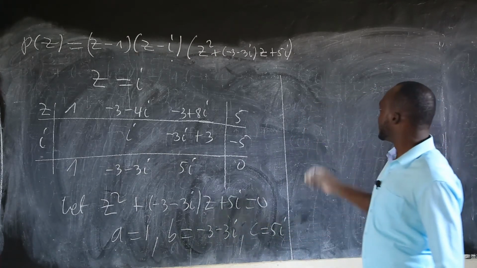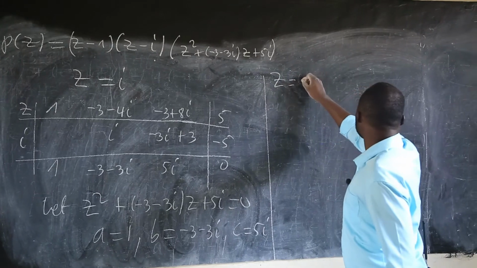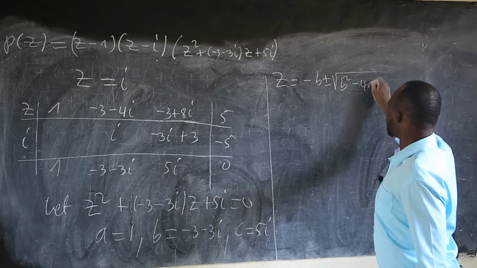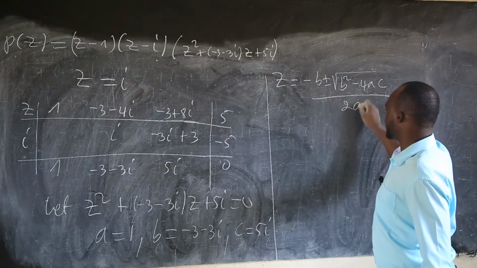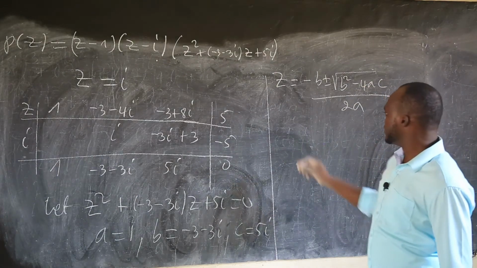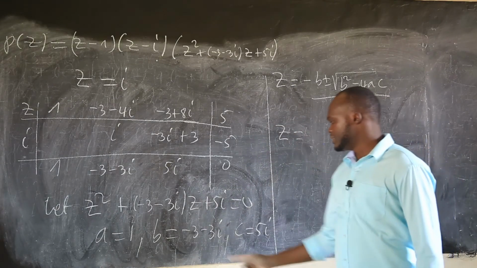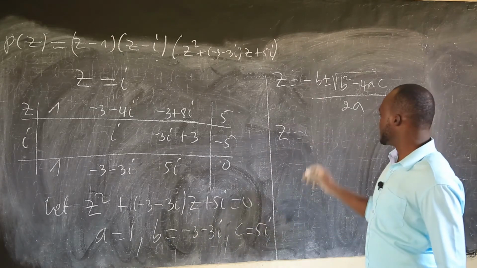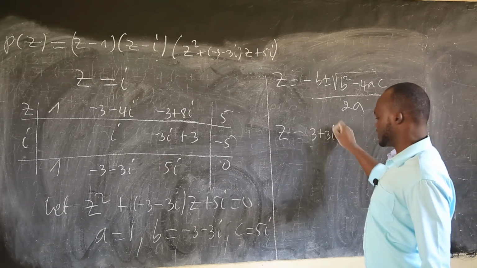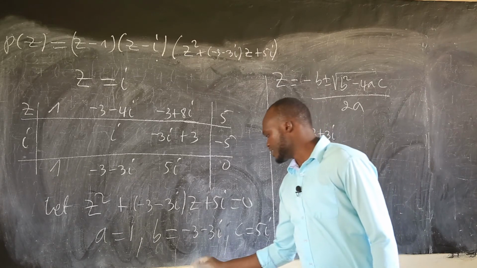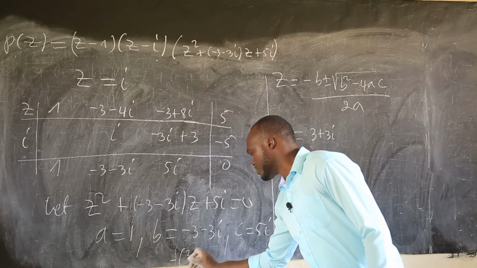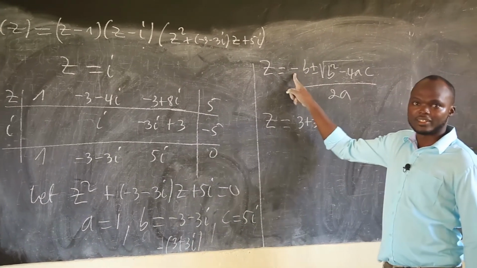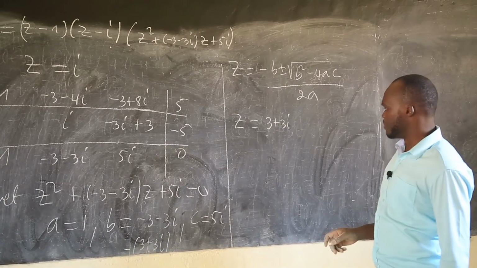We use the quadratic formula where z is negative B plus or minus the square root of B squared minus 4AC, divided by 2A. So our z will be the negative of this one, which will be 3 plus 3i, because if I take a negative outside here, it will be negative into bracket 3 plus 3i, and this negative will meet with this negative to become a positive.